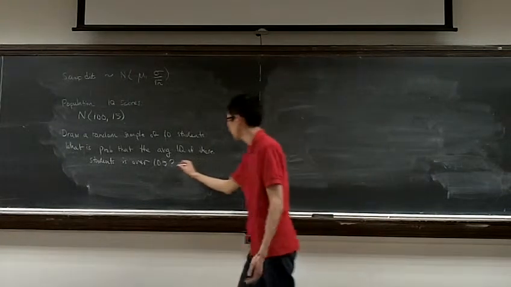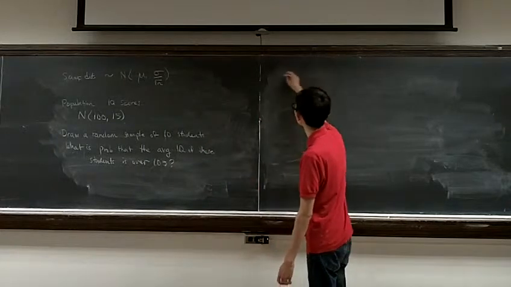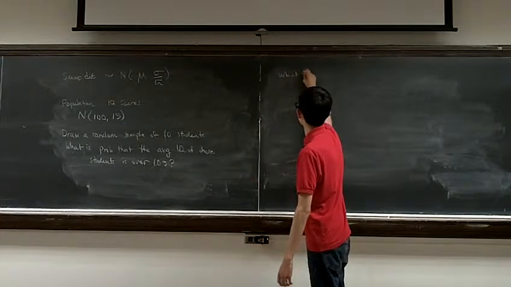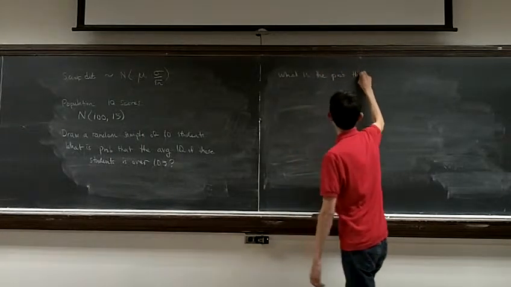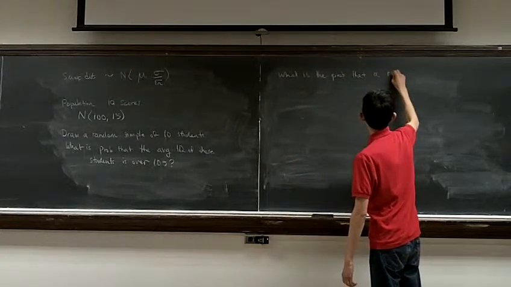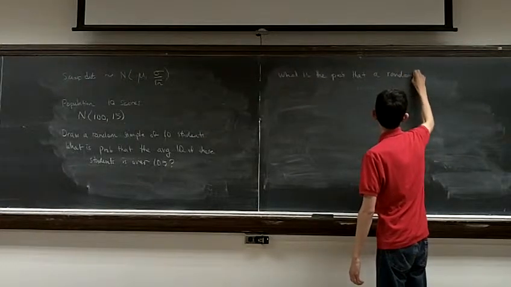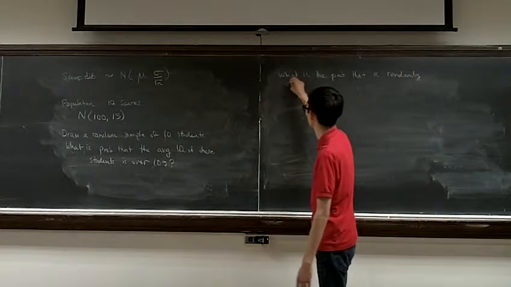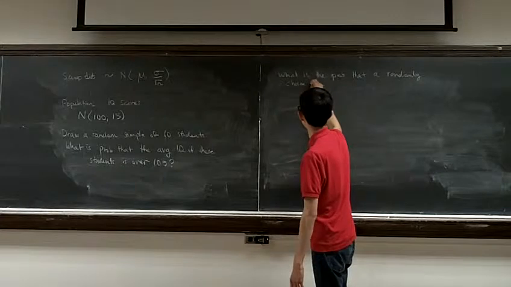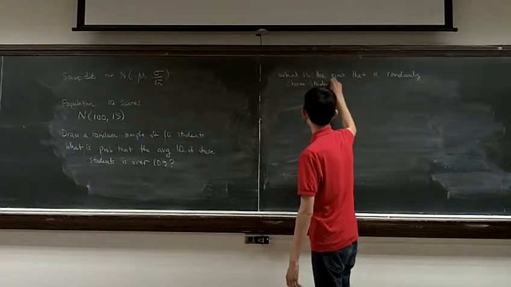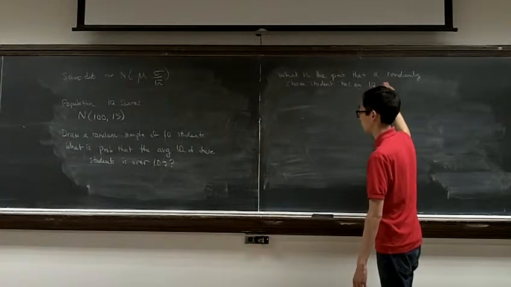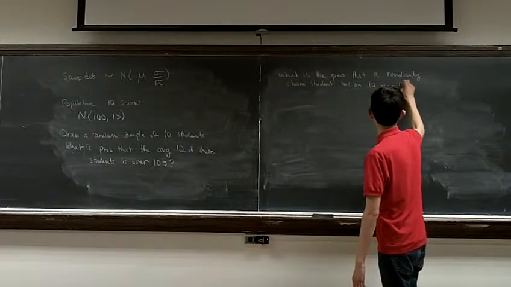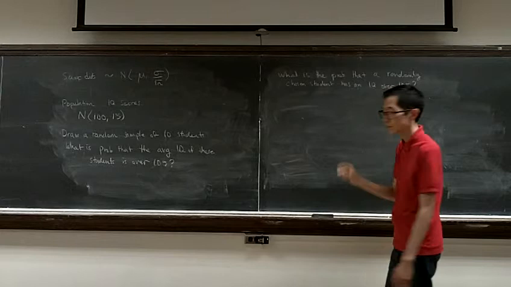Figure that answer out and compare it to this: what is the probability that a randomly chosen student has an IQ over 105?